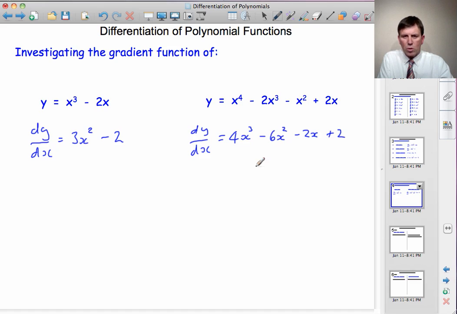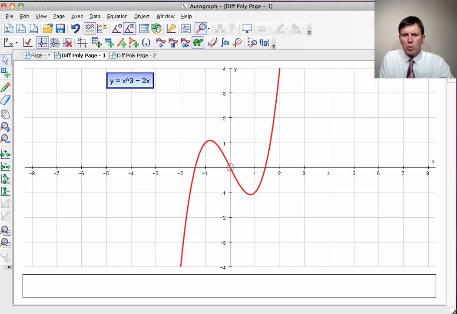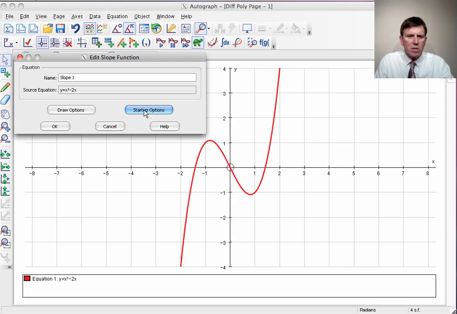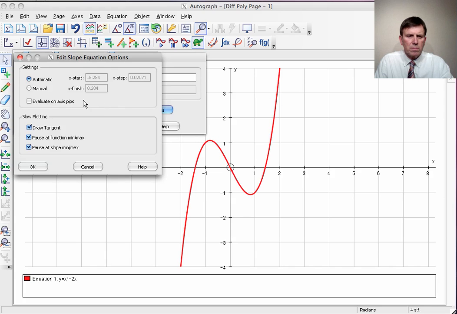Let's see if we can use Autograph to show us what's going on. First of all, the cubic. y equals x cubed minus 2x. And what I'm going to do here is ask Autograph to draw the gradient function. Just give me a minute to set it up.